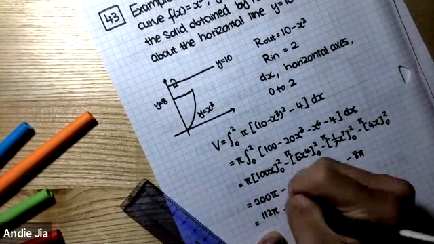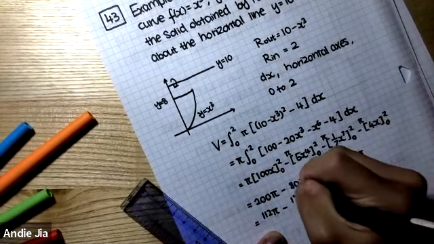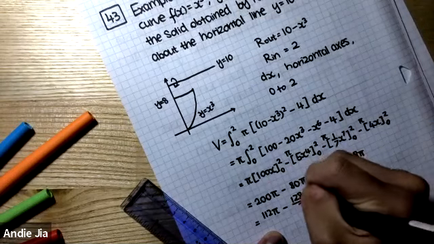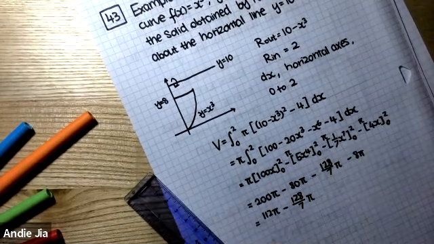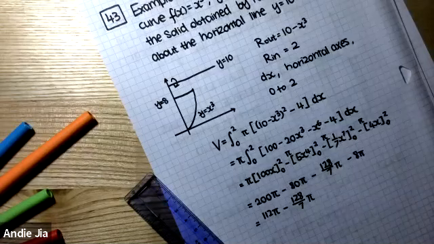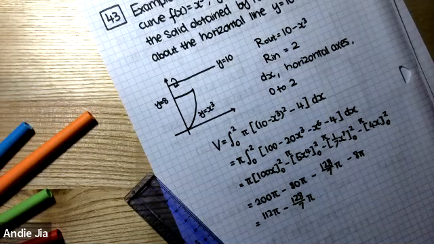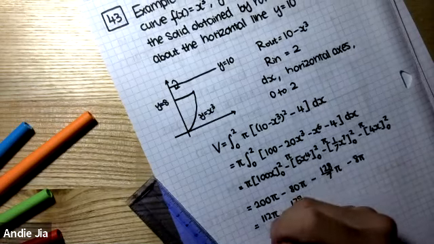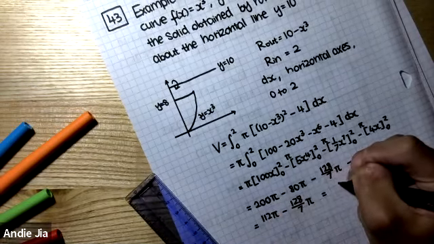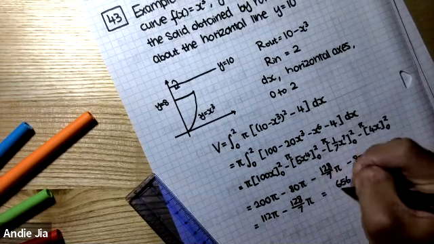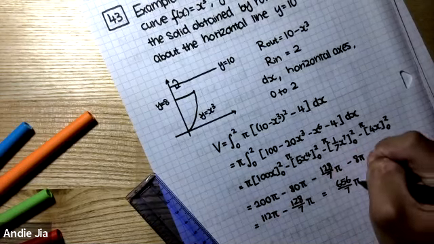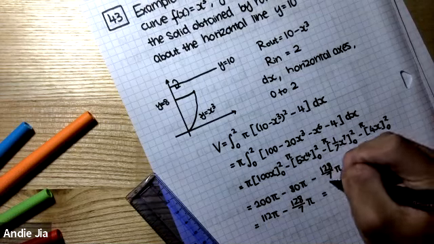That gives 112 pi minus 128 over 7 pi. What we have is 784 minus 128, which is equal to 656 over 7 pi.